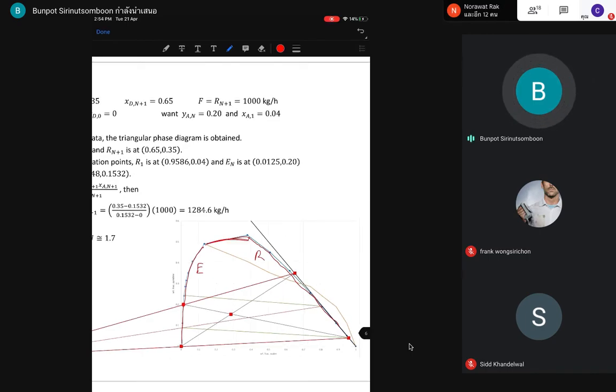So this is my solubility envelope. The blue line is what I did to get the solubility envelope, and the orange line is the conjugate line I got from the equilibrium data table, from what I did before.